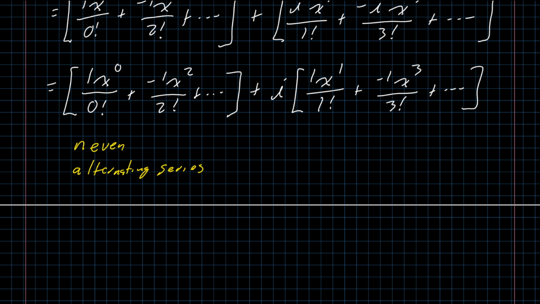In the second grouping, we have all of the odd values of n, again in an alternating series. Right? The first term is positive, the second term is negative. The third term, had we written it, would be positive, the fourth term would be negative, and so on and so on.